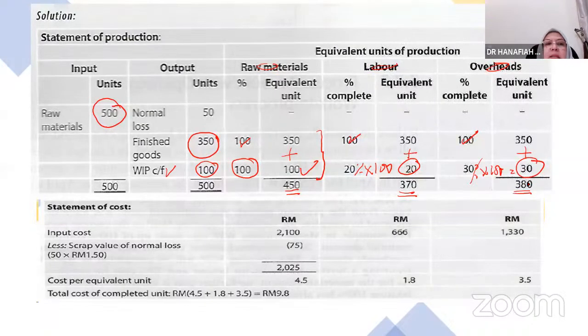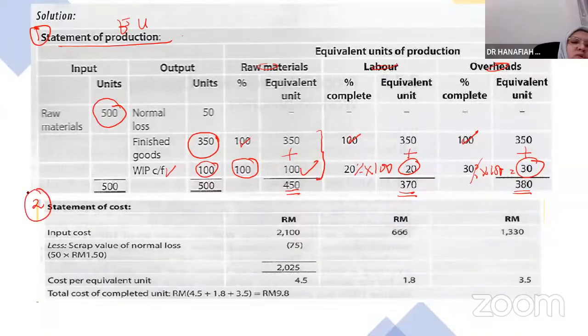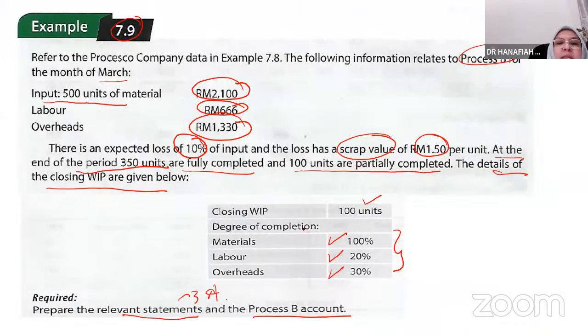Now you have your equivalent unit. After you do this statement of equivalent unit, this is the first statement, you continue to prepare the statement of cost. How you do it? It is the same. The input cost just now, how much? 210, 666, and 1330.